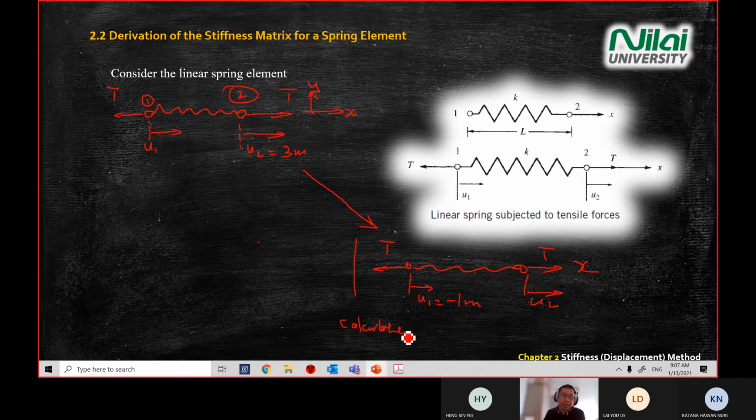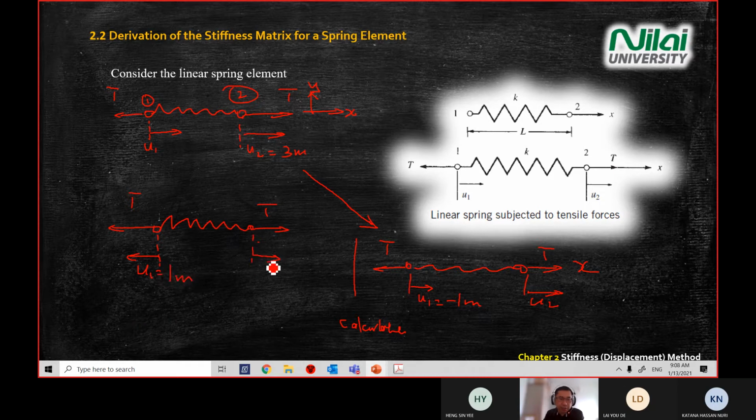And of course, when you communicate with your colleague later on when you go to work, you won't tell your customer, hey, this point moved -1 meter. You won't tell people like that. So you will tell your customer that according to your analysis, if you have a tensile force, it's going to move in this direction with 1 meter.